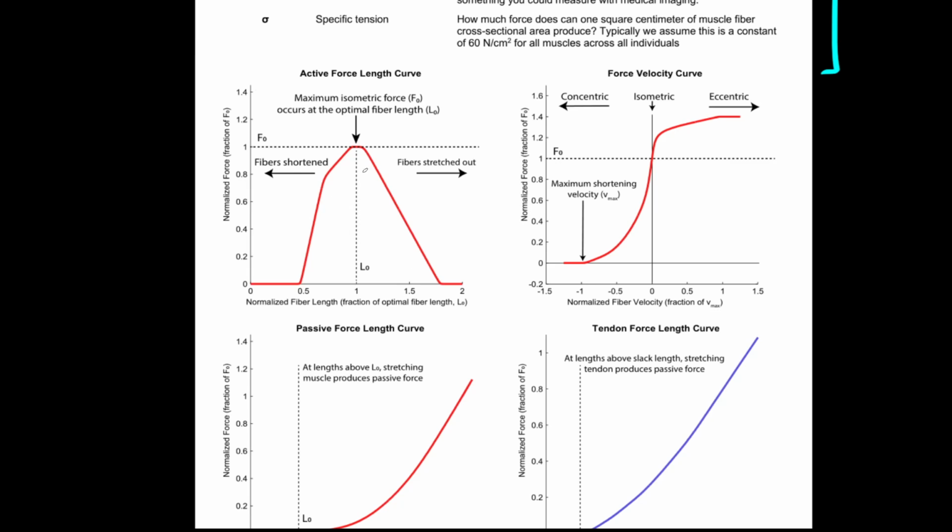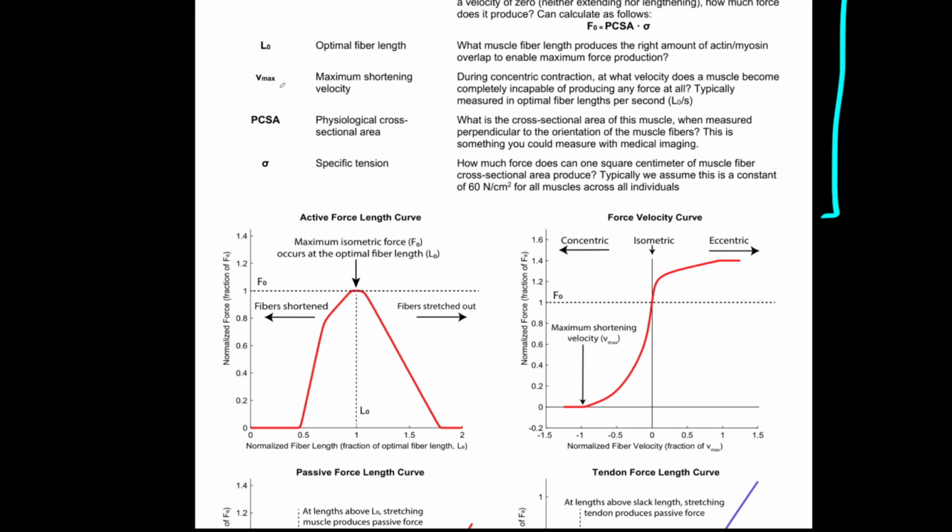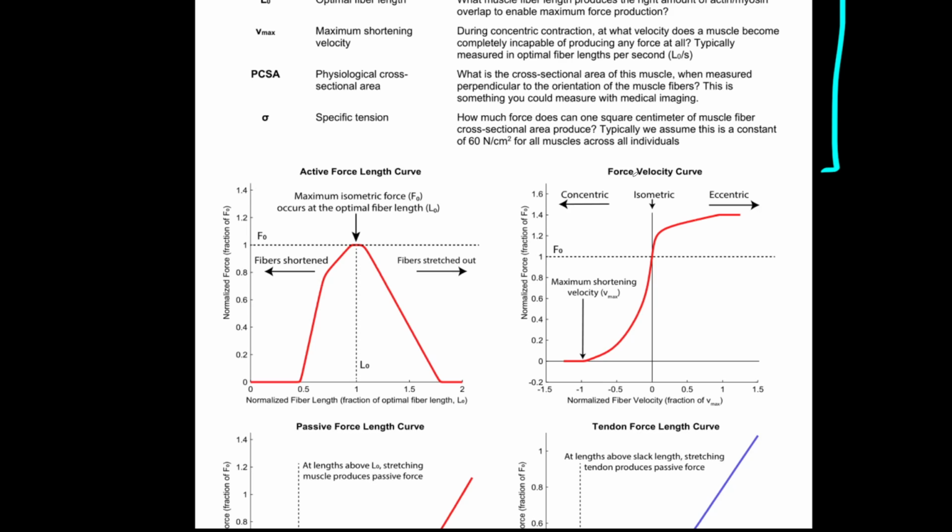So there's this optimal point right here where the overlap between actin and myosin is just right, where the muscle force production is maximized. And whatever length of the muscle fiber that is, we call that the optimal fiber length, or this L naught. And again, that's right up here if you forget what that symbol means in the table.